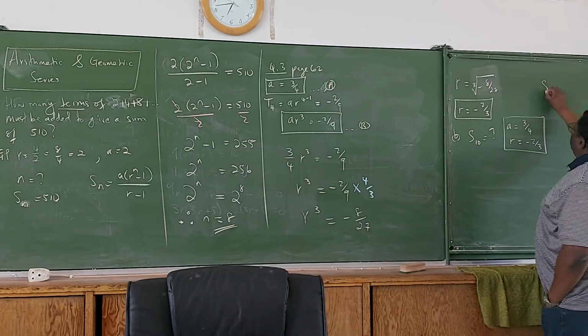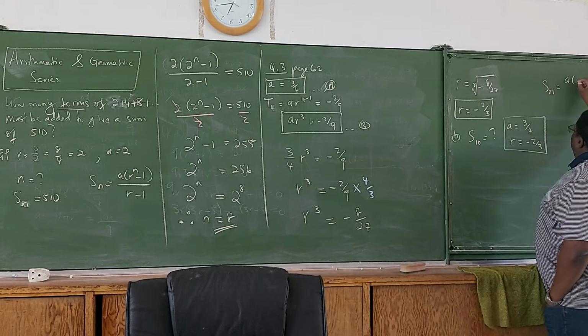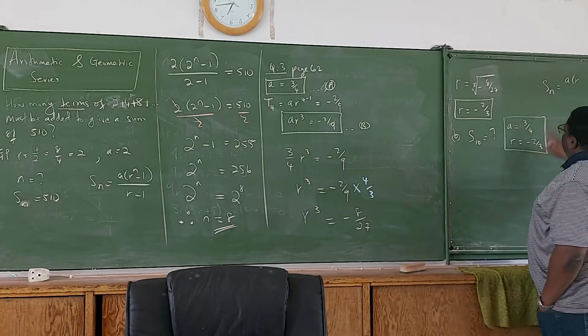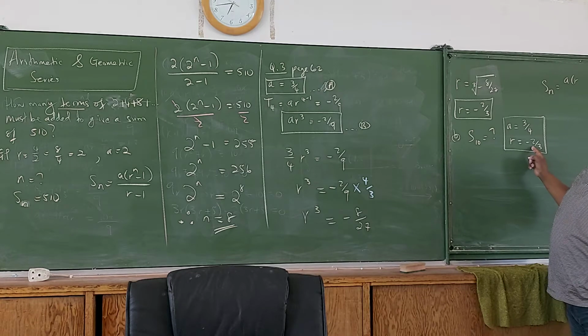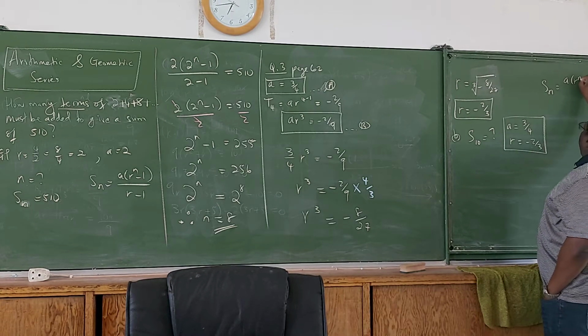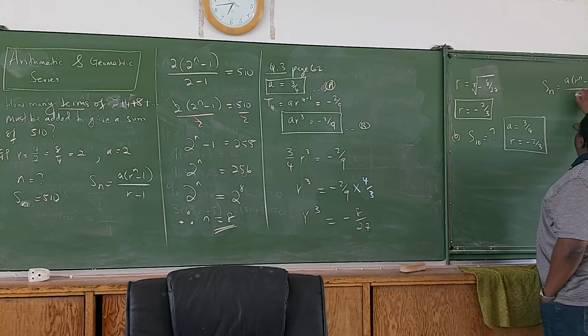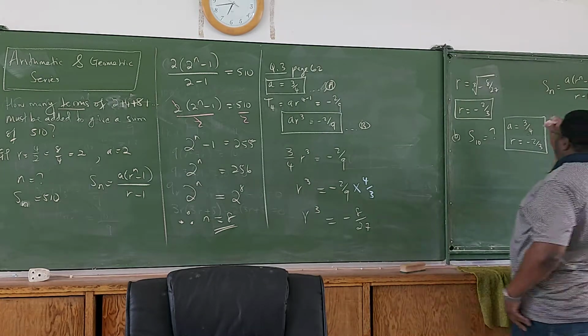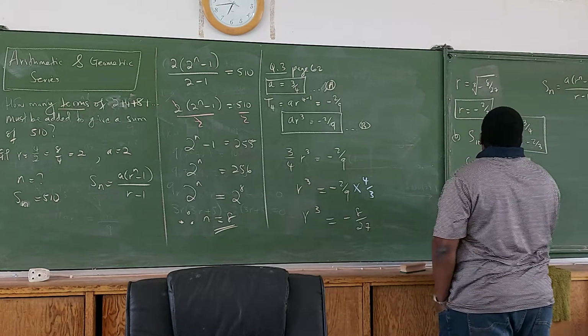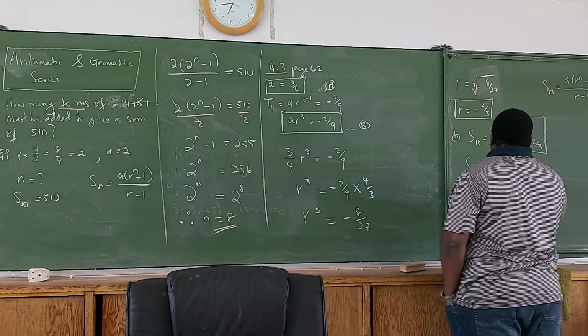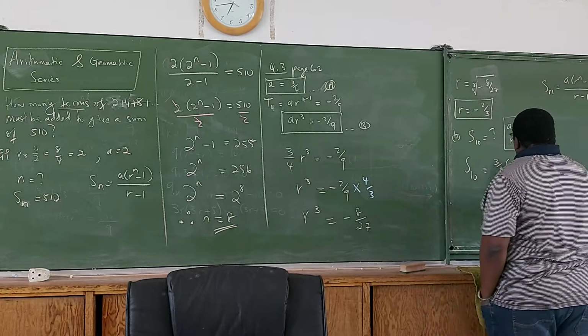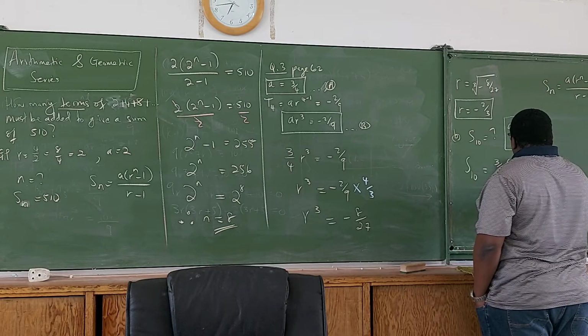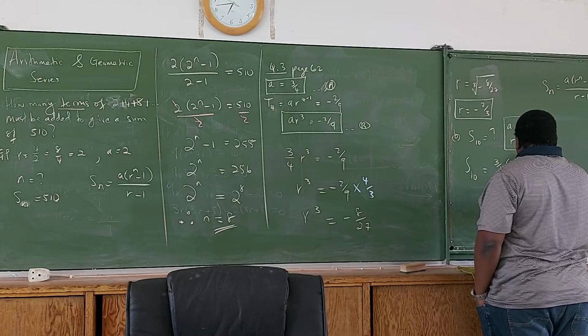So obviously we're going to use the formula where we're going to have our R, because it's like negative 0.666, no? To the n minus 1. It doesn't matter which one. So the sum of the first 10 terms becomes our A, which is 3 quarters, then R, which is negative 2 over 3.